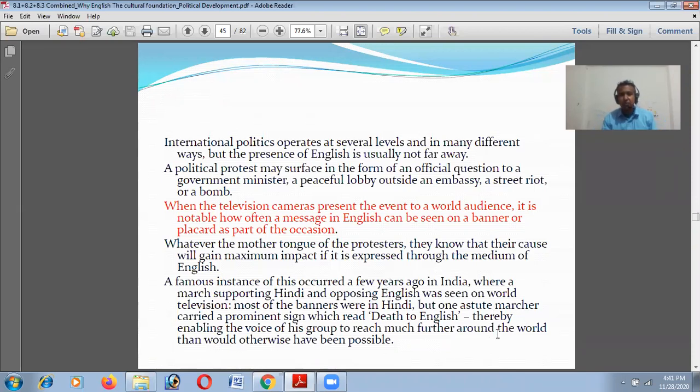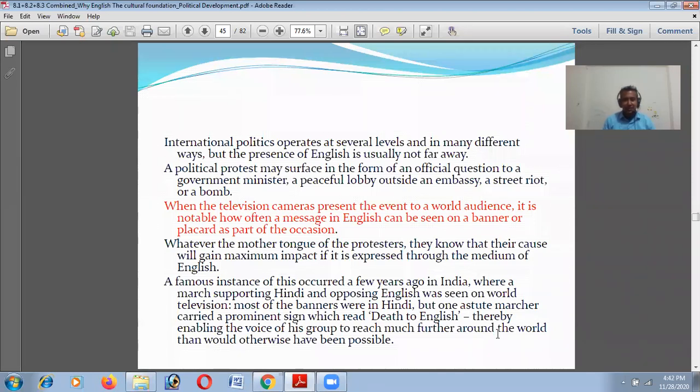Most of the banners were in Hindi, but one astute marcher carried a prominent sign which read "Death to English," thereby enabling the voice of this group to reach much further around the world than would otherwise have been possible.